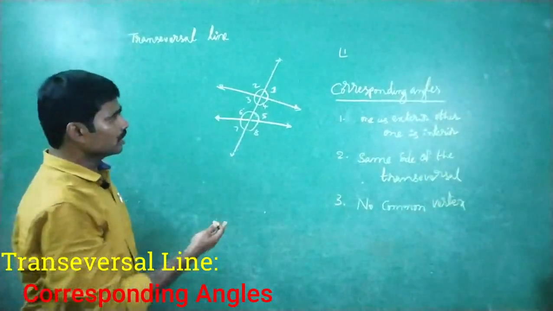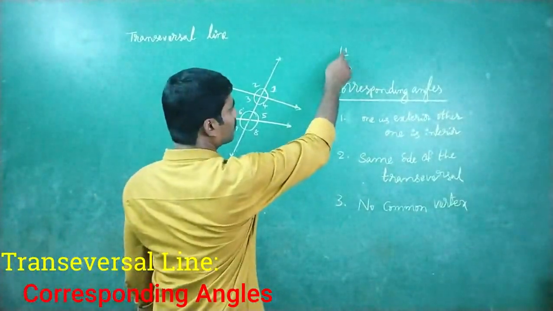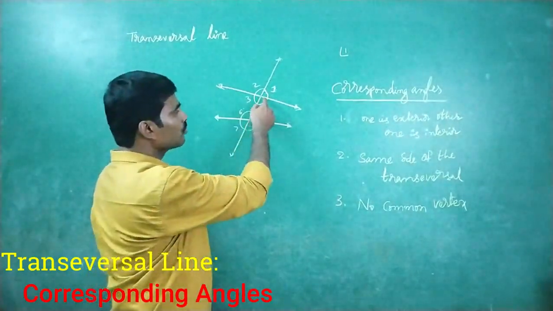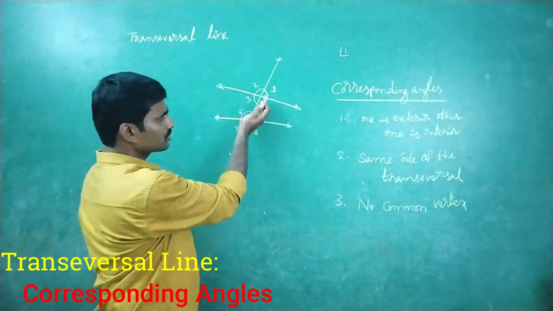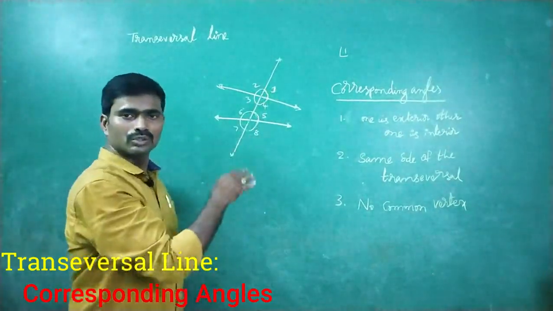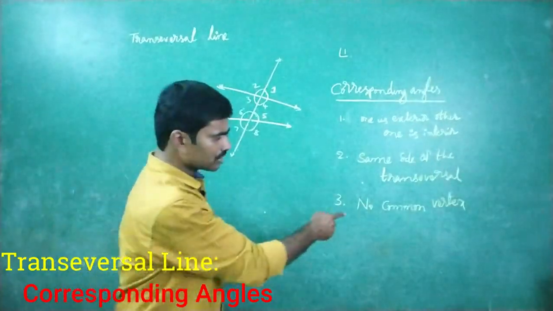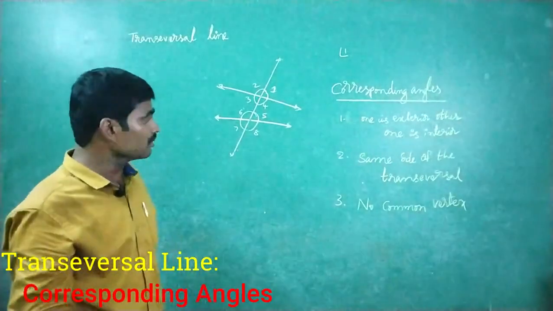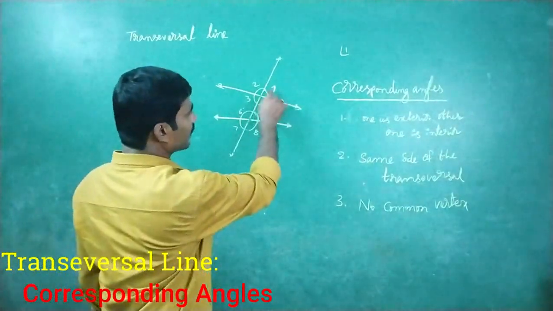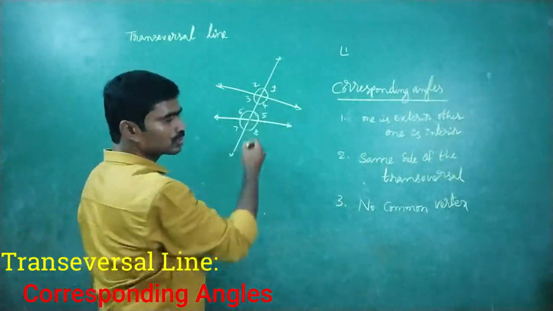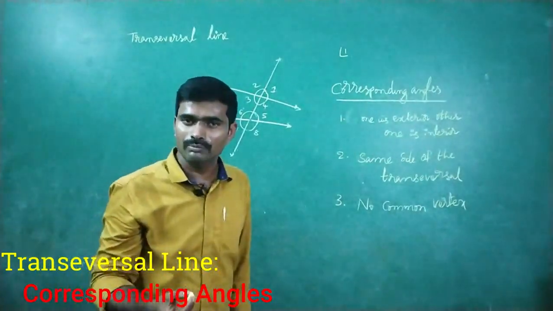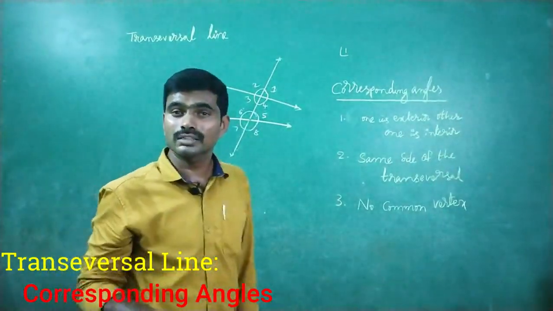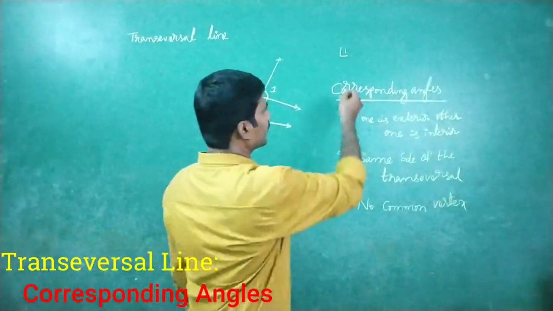Maybe 4 or 5, because 4 and 5 are interior angles on the same side of the transversal as 1. Next, the third property of corresponding angles is no common vertex. Here, angle 4 and angle 1 have the same vertex, so 4 is not the corresponding angle of angle 1. So finally, the corresponding angle of angle 1 is angle 5.